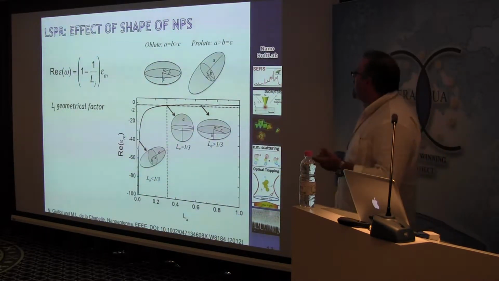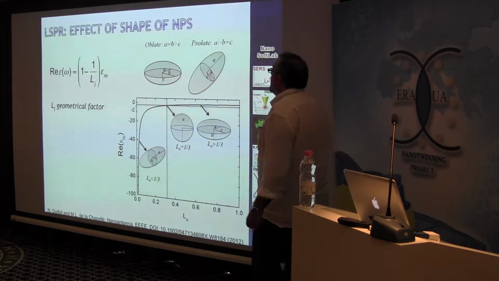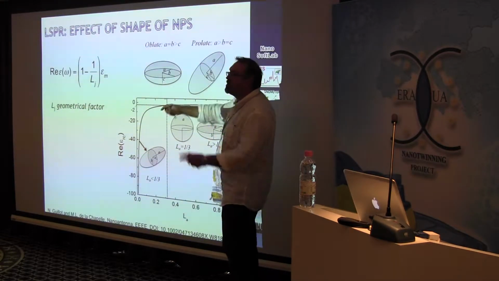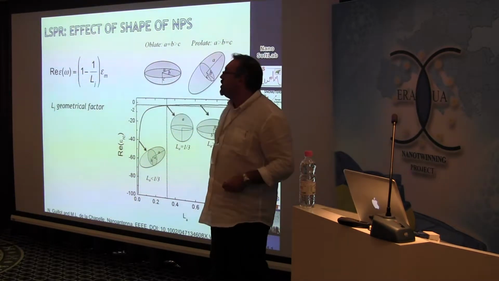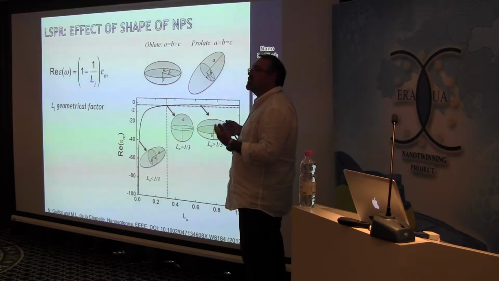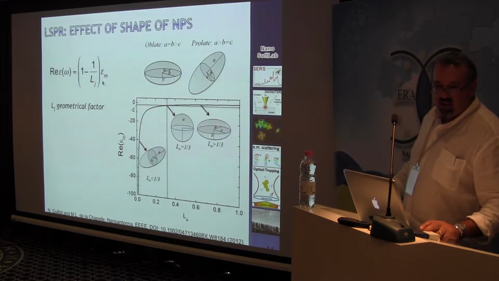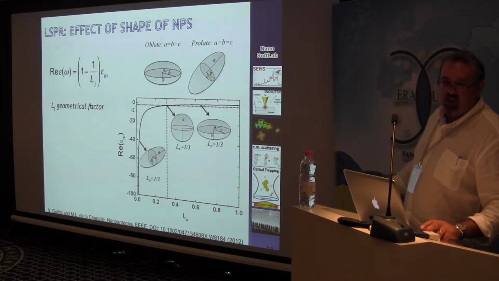Another interesting thing, as was introduced before, is that if instead of symmetric spherical nanoparticles you go to spheroids or rods, you have different localized surface plasmon resonances, because this condition holds, and Lj is a geometrical factor.